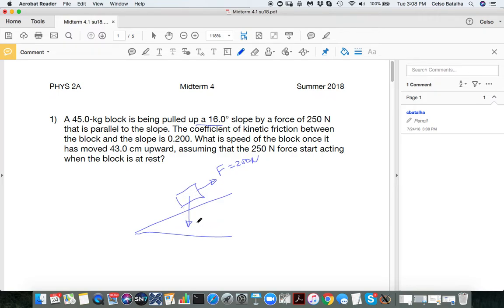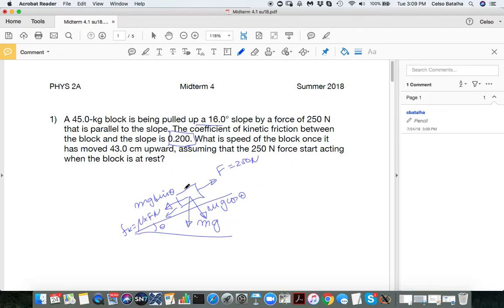So this block has mass, so we have your mg right here, and this mg projects into mg cosine theta, and several of you forgot this part here, mg sine theta. And because there is friction, you do have friction too, right? So this friction is equal to the coefficient, which is this number right here, times the normal force.